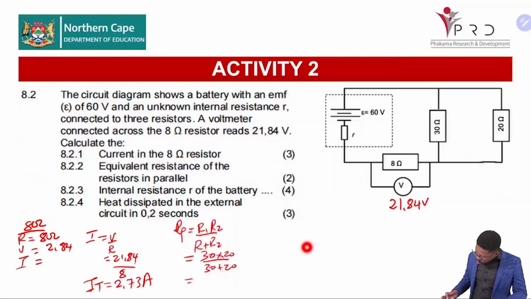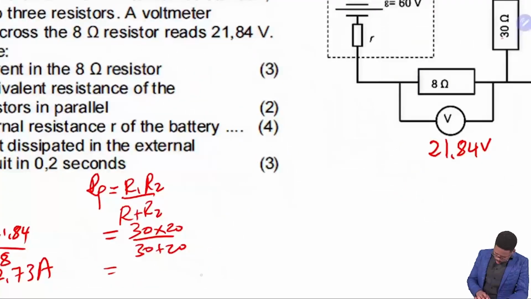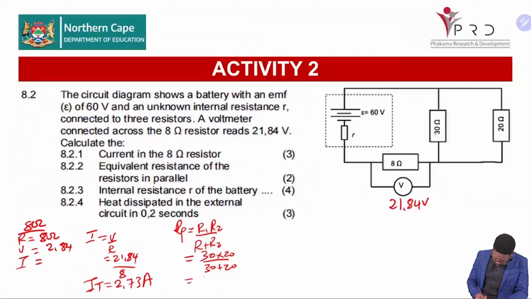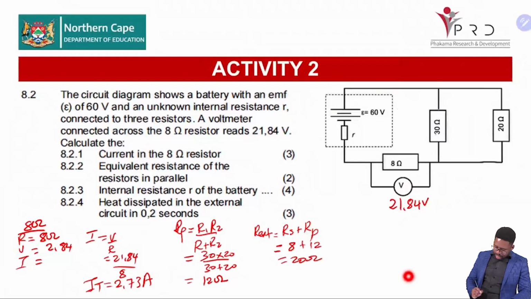I think our answer is 12. But these are the resistors in parallel. We want R external. So for us to get R external, we'll say resistor in series plus resistor in parallel. The one in series is 8 plus the one in parallel, which is 12. So our R external will be 20 ohms.